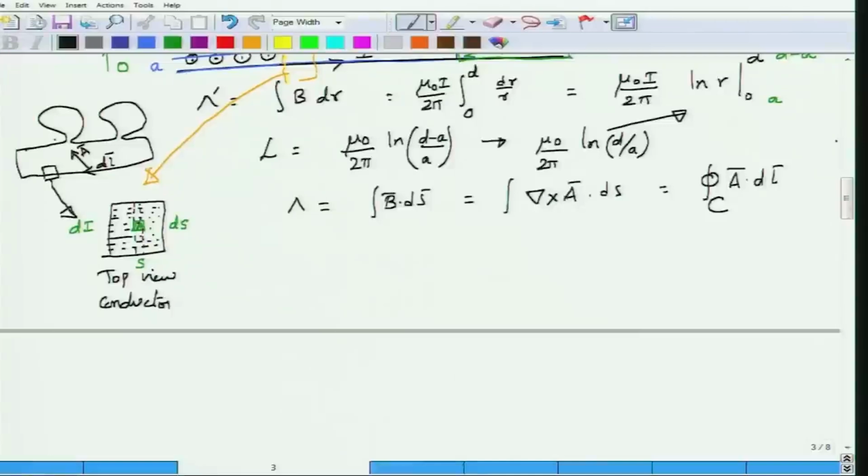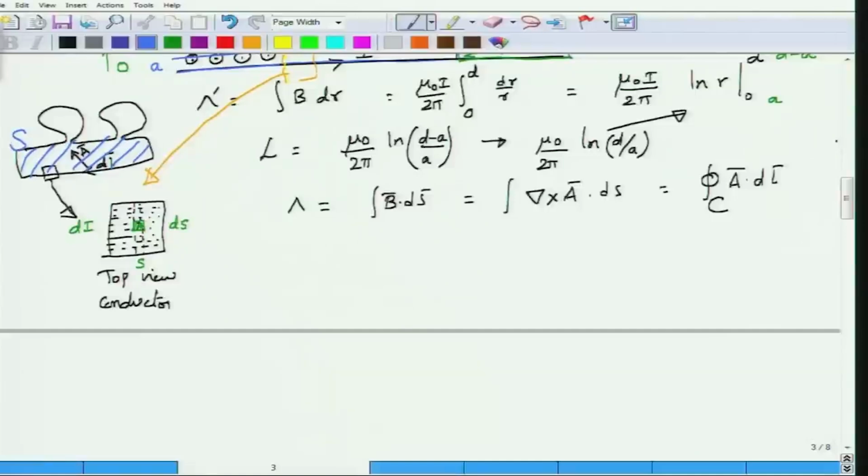This loop forms a certain surface as well, so the B field that would be linking has to be found over this surface. These gaps being very small, I can neglect them, so I can define this entire surface as capital S.